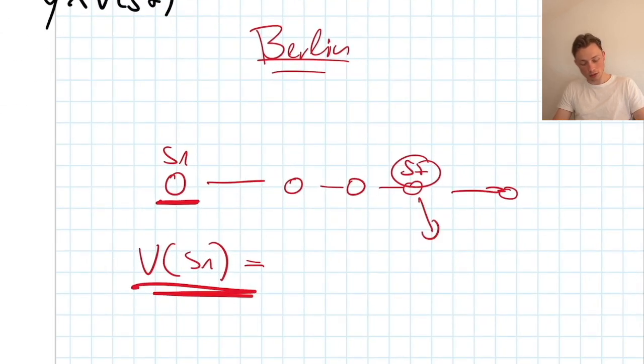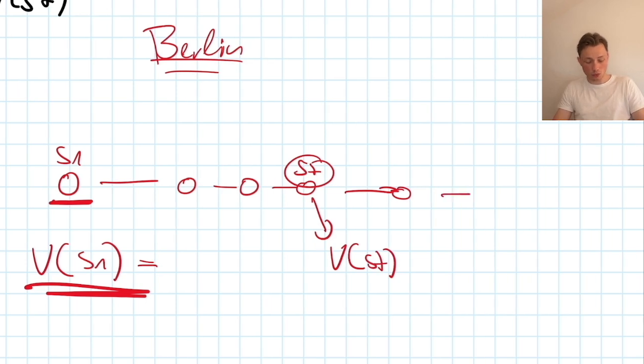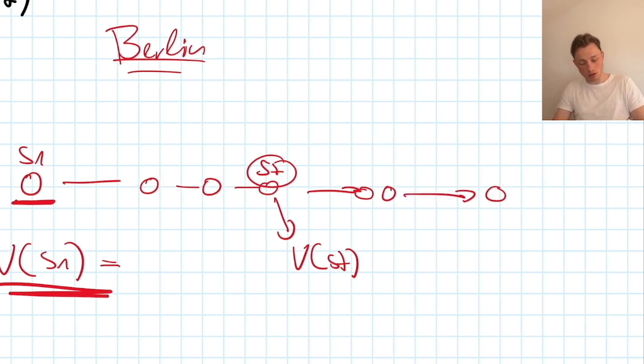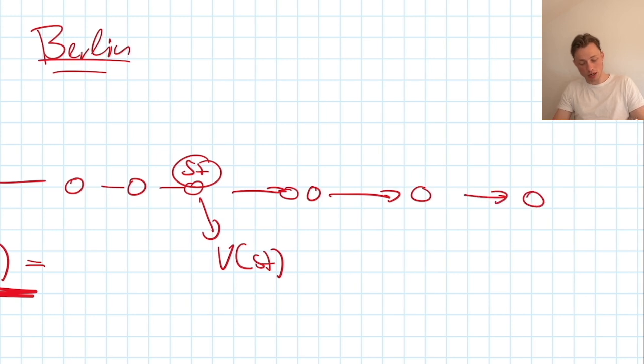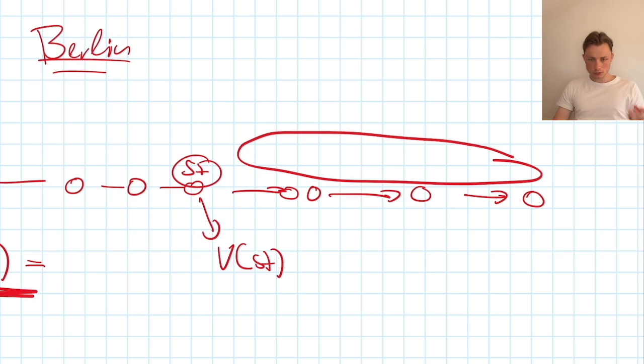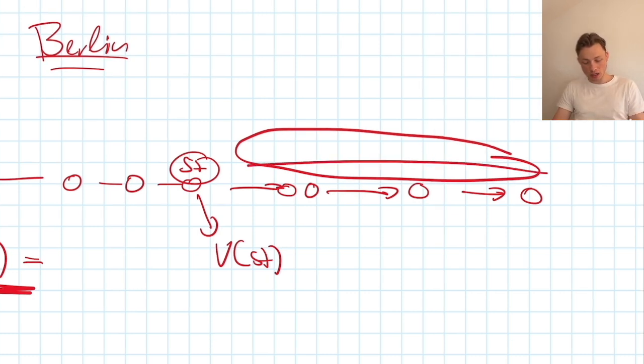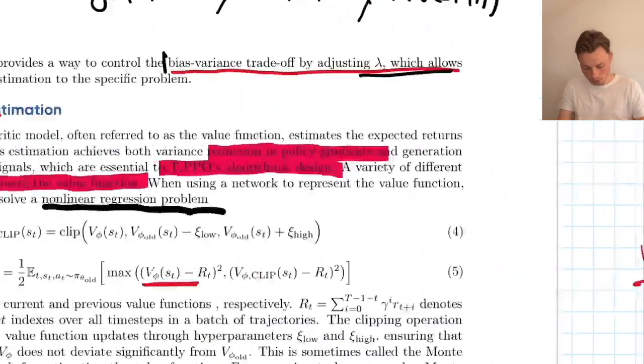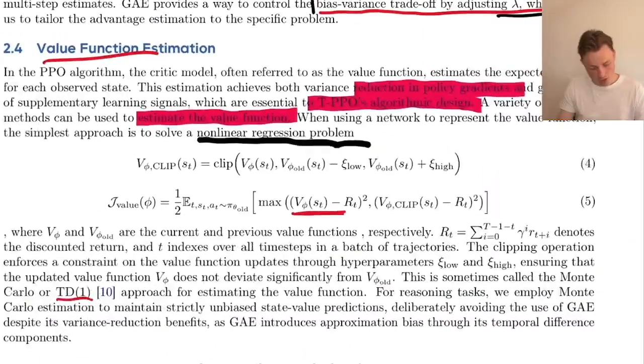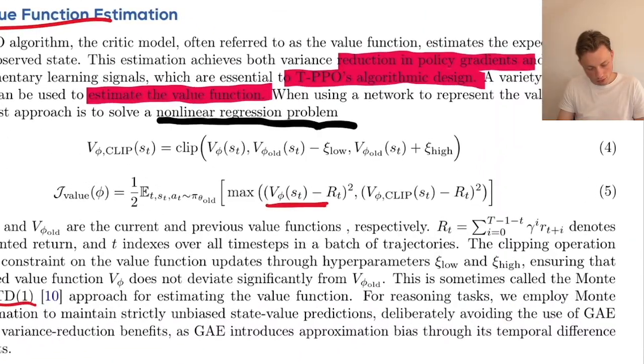So let's say we have the value function V(s_t), and because we are sampling the whole sequence up to the end, we can just sum all the rewards we are getting here. We can just sum the discounted rewards here, and then we have the label, or our target, and we call this R_t. They also have the formula here, so this is not so special.